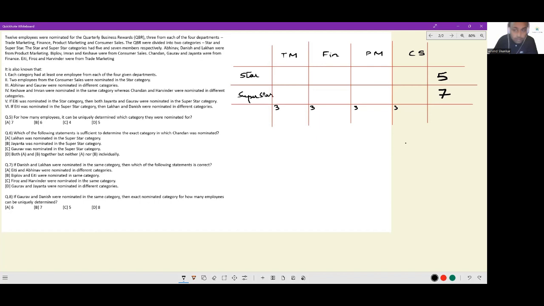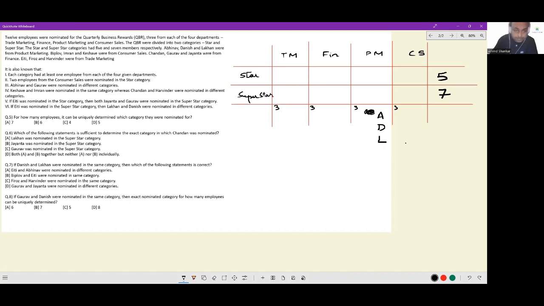Abhinav, Danish, and Lakhan were from product marketing. So Abhinav, or let me check, A, D, L, B, I, K, C, G, J, E, F, H. So everything is different, so I can write this way: Abhinav, Danish, and Lakhan.